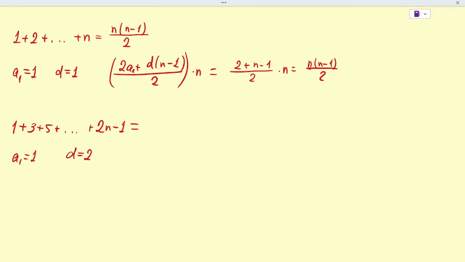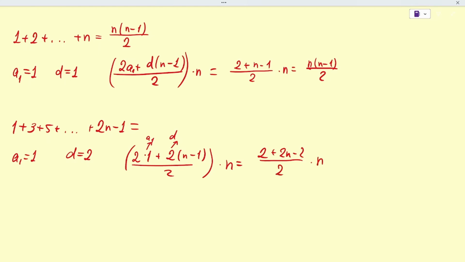If we apply our formula once again, we will get 2 times 1 plus 2 times n minus 1, where 2 is the d and this was a1, divided by 2 and multiplied by n, which is 2 plus 2n minus 2 divided by 2, times n. And we can easily see that this is n squared. So the sum of the first n odd numbers equals n squared.